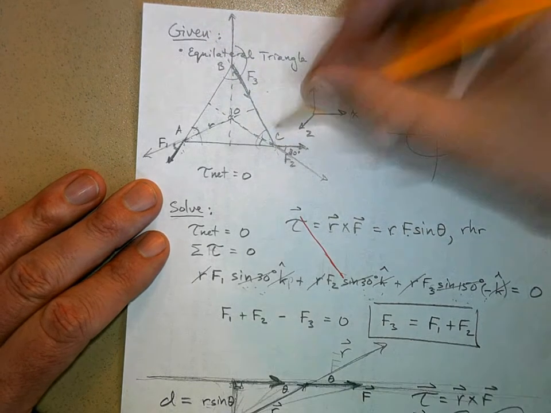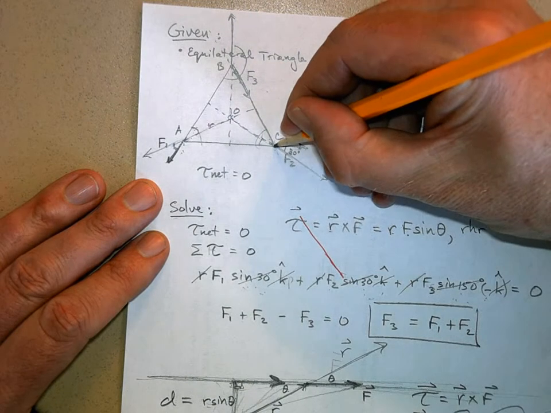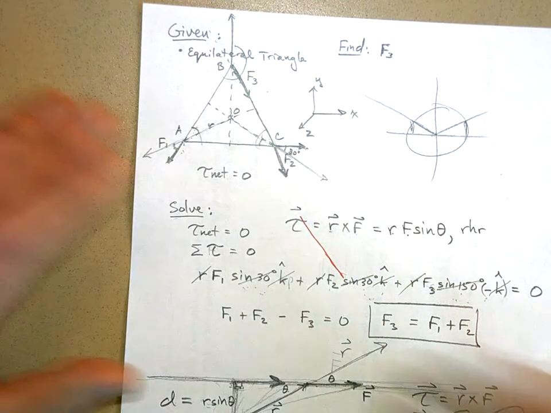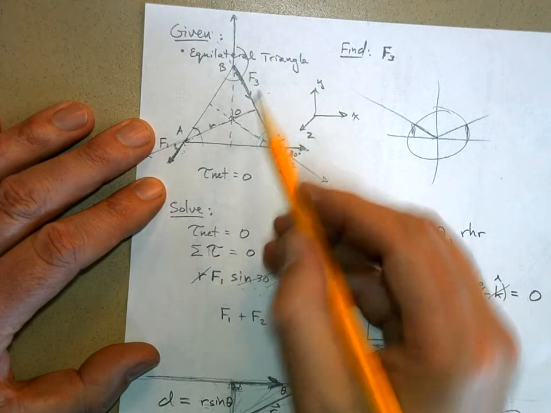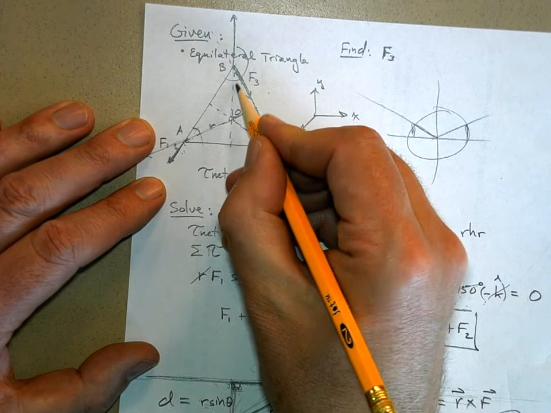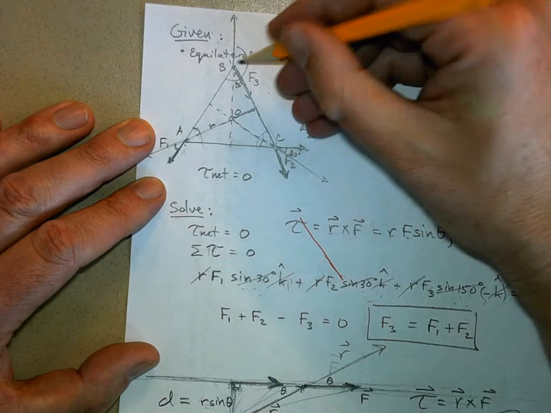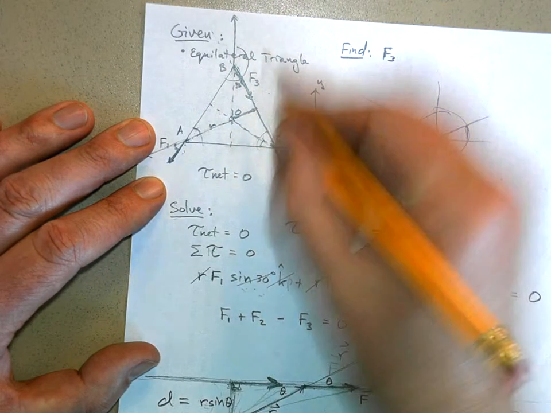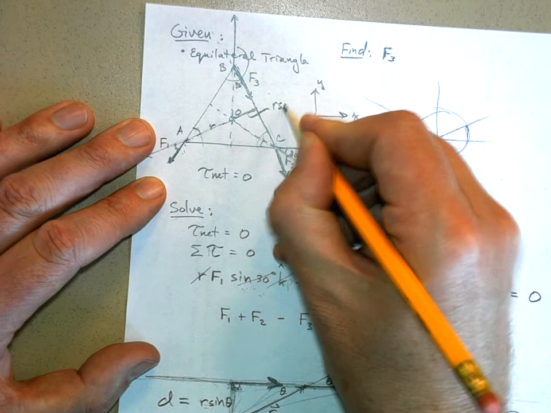Because let's put F3 right here. The r sine theta will still give me this distance right here. This distance right here, well, here's 30 degrees. Here's F3. Here's r. That's the hypotenuse. So this is r sine theta.